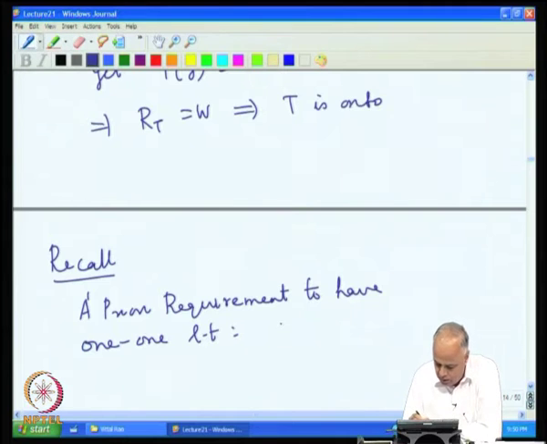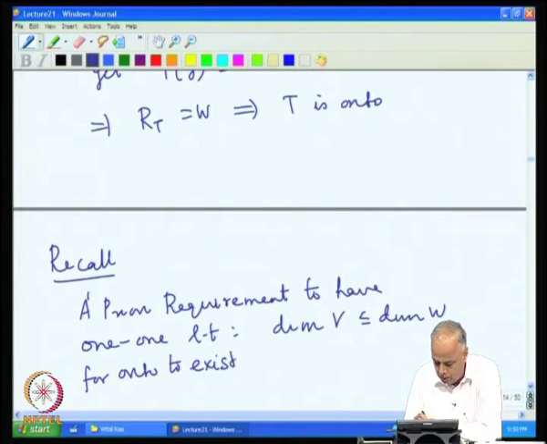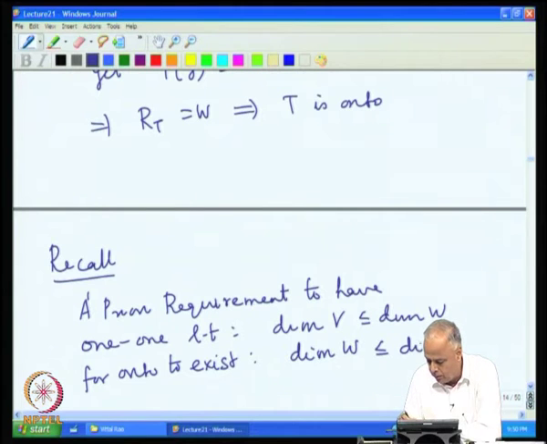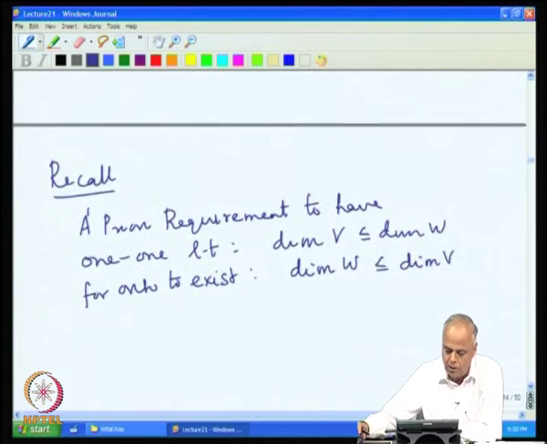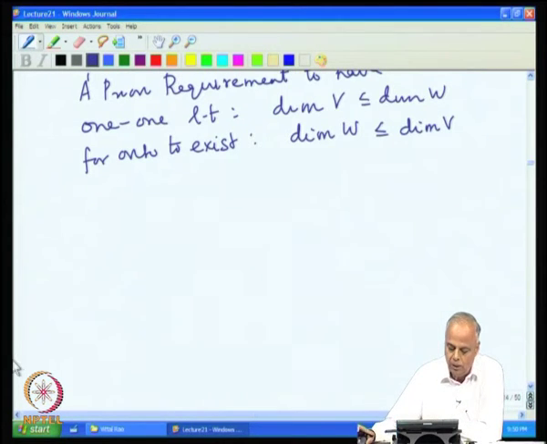the 1-1 transformation to exist, and then for onto to exist, the requirement was dimension of W is less than or equal to dimension of V. Consequently, if you want to expect both 1-1 and onto, then you better start with V and W, which both have equal dimension.